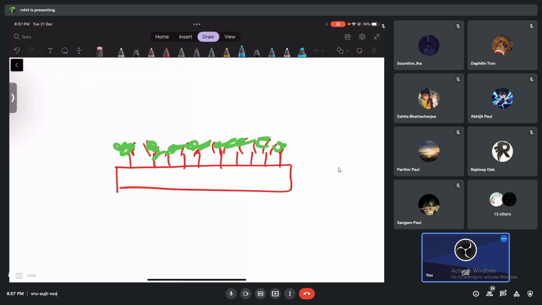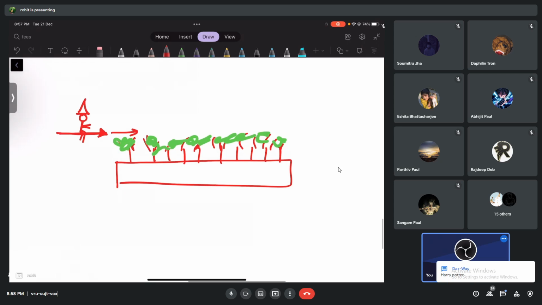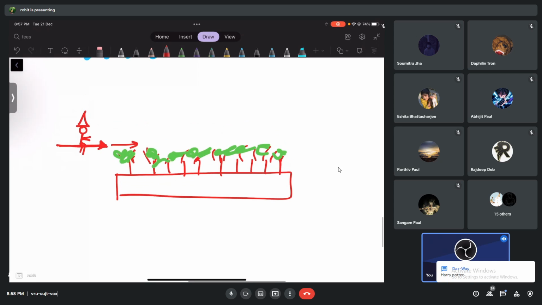Who do I bring? Let me bring Viswasdeep. Viswasdeep is going to fly. This is Viswasdeep, I'm trying to draw him like a witch. I think you can understand my diagram, right? Yeah, like Harry Potter, exactly. This is Viswasdeep Potter.